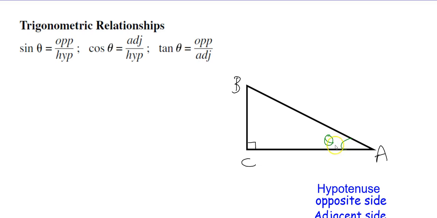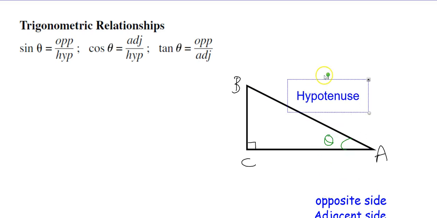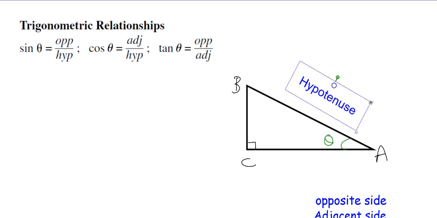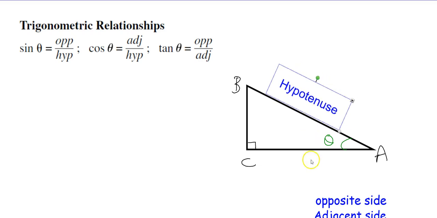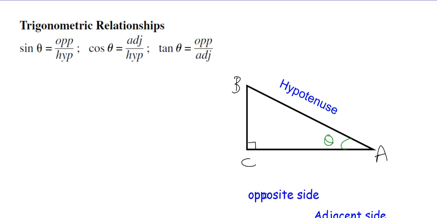So with reference to this angle, let us label this triangle. Whatever the triangle given to us, opposite to the right angle, the longest side is always the hypotenuse. First thing I suggest is to identify the hypotenuse, and once you have your hypotenuse, you have to decide where the opposite side and where the adjacent side goes.